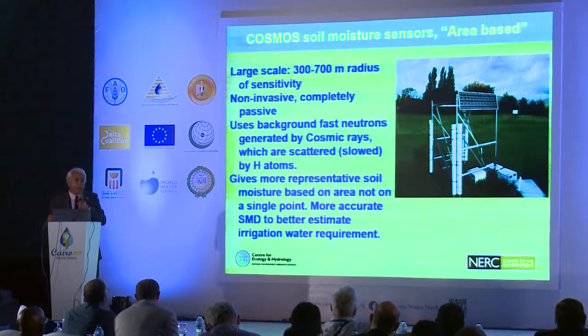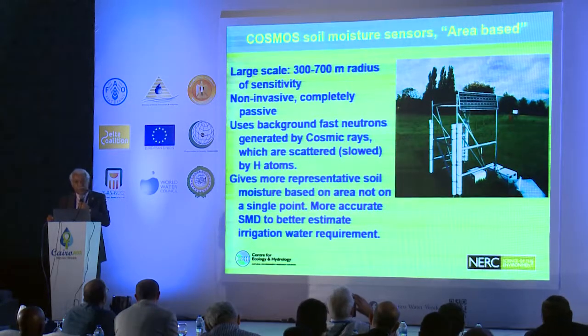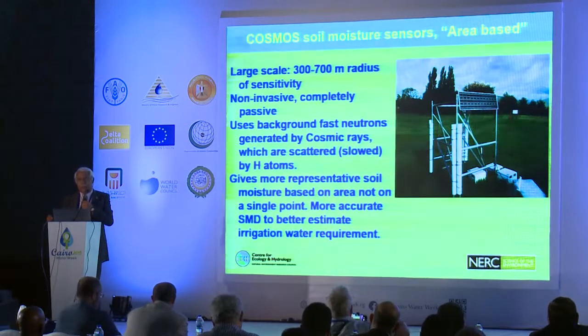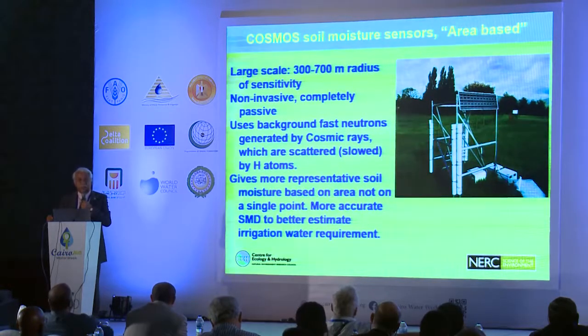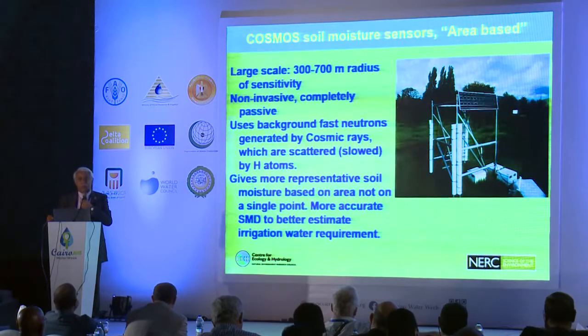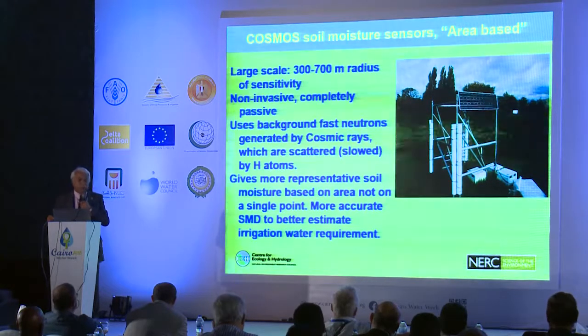Then we went further to a different scale, a larger scale, Cosmos. Cosmos is another way to measure soil moisture for an area with a radius 300 to 700 meters. And the Cosmos technology actually is using the natural cosmic rays that come from the stratosphere, and then produce neutrons when they interact with the geosphere.